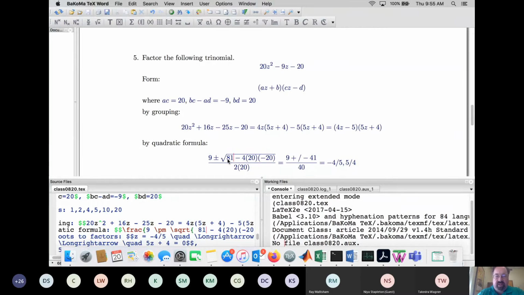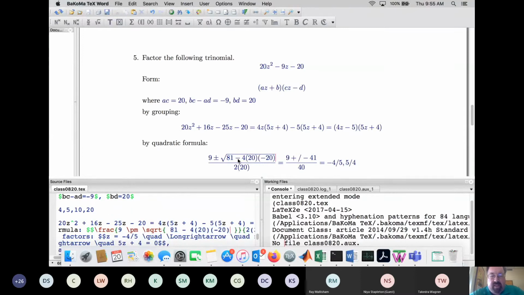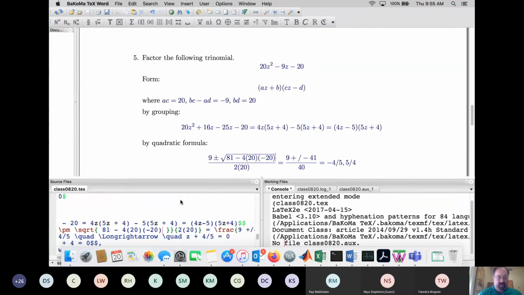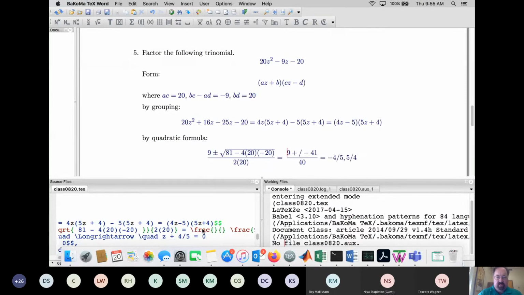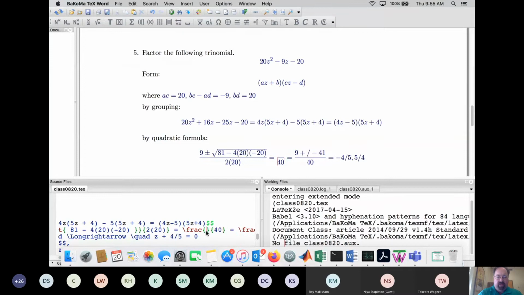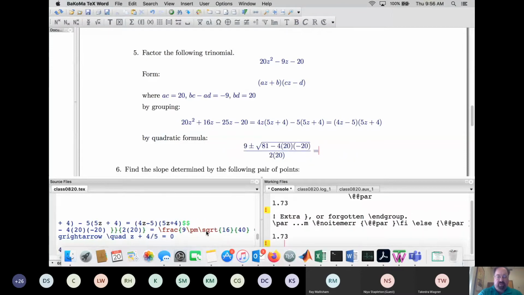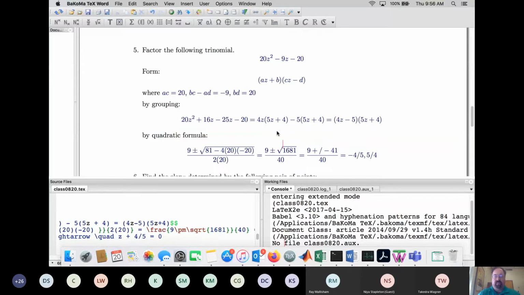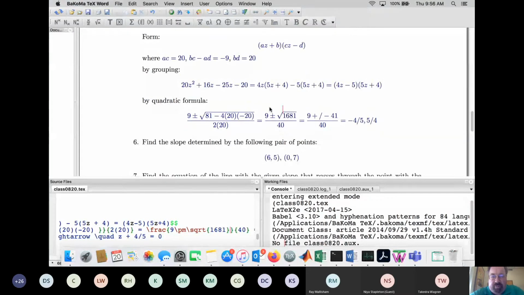So when this is worked out, what you get is, okay, I'll fill it in here. So 40 down below, and then 9 plus or minus the square root of 1,681, which happens to be a perfect square, but you don't need to know that.